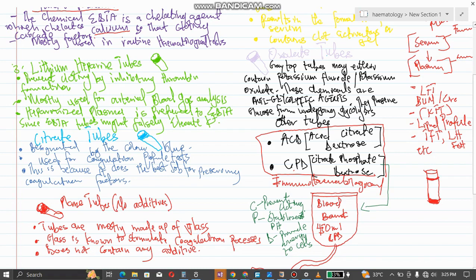After centrifugation, when this is spun in a centrifuge, what is seen is that the red blood cells settle here. Then you see your gel in the middle, and then your fine serum. So here becomes your serum, here becomes your gel, and this last part becomes your RBCs. So in chemistry, this is what is important: serum.